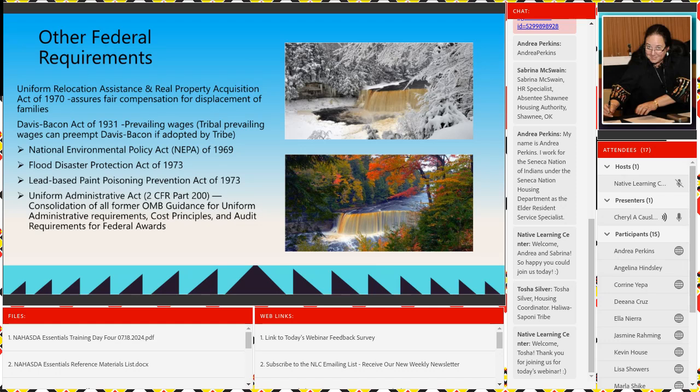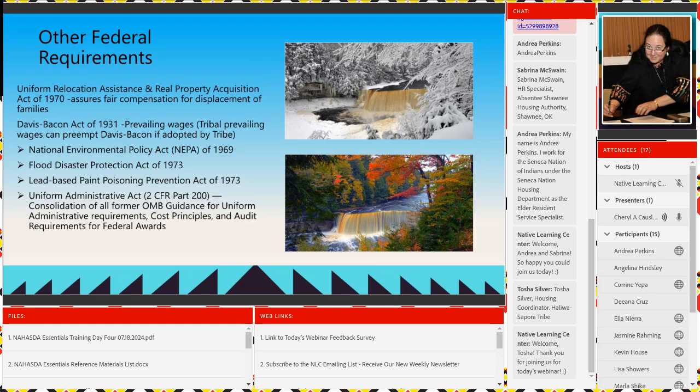Whenever you have a question about that, call your HUD office. Like I said before, they're there to help us. Call them. If they don't know the answer, they'll find out for you. But you're a lot better off asking. Got to follow Davis-Bacon prevailing wages. If you have tribal prevailing wages, they can preempt Davis-Bacon if they're adopted by the tribe.